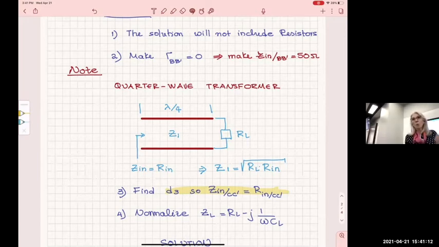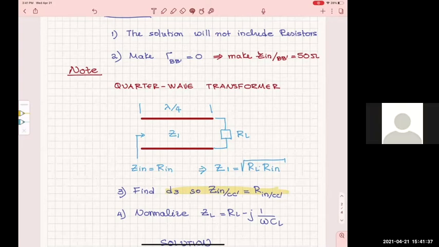And the length is always a quarter of a wavelength. That's why I'm going to use that concept. Since I don't add anything to design it, I'm going to use the quarter wave concept. Whenever I can use it, I use it because I don't have to design anything, it's ready. It gives me the length, it gives me the characteristic impedance. I don't have to do anything else.